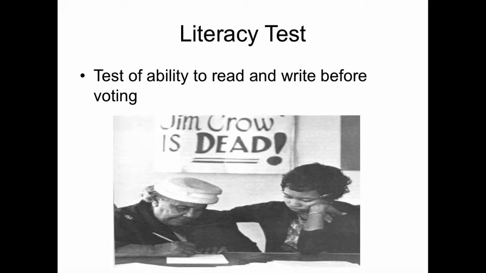Another way that Jim Crow could affect voting was through something called the literacy test. A literacy test was a test of your ability to read and write before you could cast a vote. Basically, the idea was to effectively stop blacks from voting because they were unable to read and write. We know that there were black code laws that made it illegal to teach slaves how to read and write.